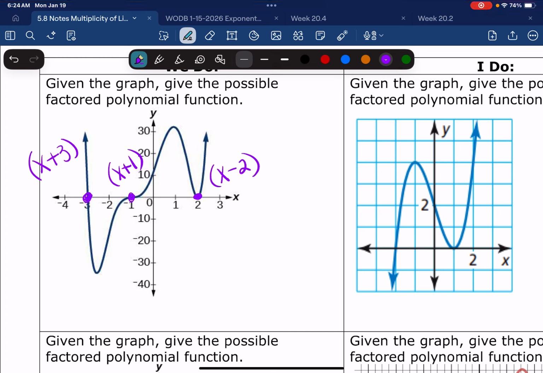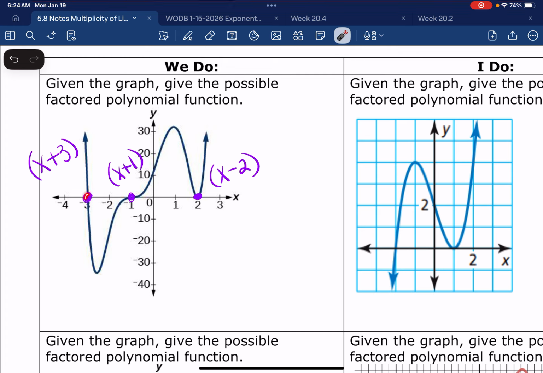Now let's look at the behavior of all three of those zeros. This zero right here, my graph just goes straight through the x-axis. So this is going to be an odd multiplicity, like 1, 3, 5, 7. But if you notice that this graph is going straight through the x-axis, it doesn't flatten out at all.